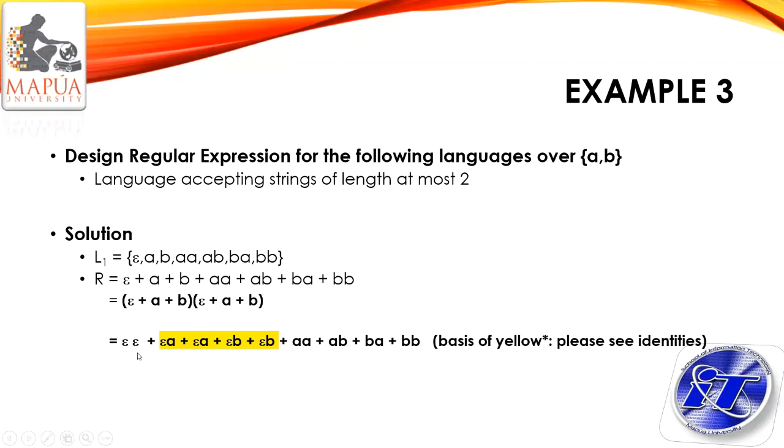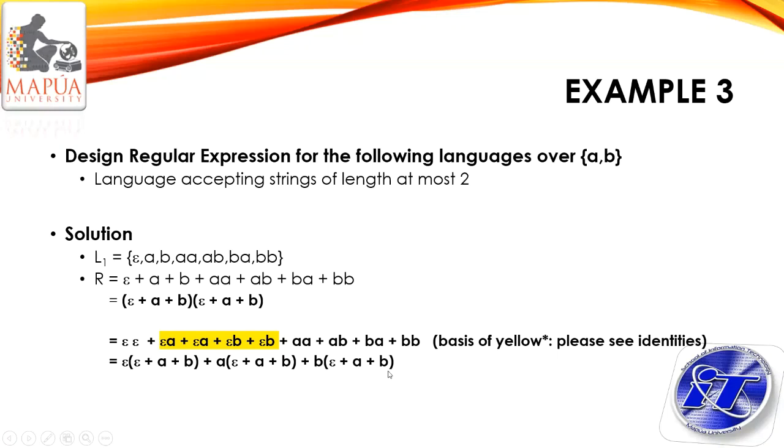Now we're going to do factoring after introducing epsilon and the redundant terms. So factor out epsilon with epsilon, A, and B. This will be the result. And then factor out A with epsilon A, AA, and AB. This will be the result. And factor out B with epsilon B, BA, BB, and this is the result.